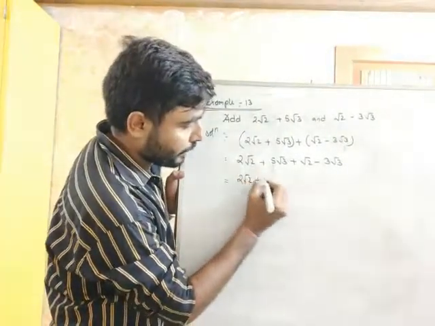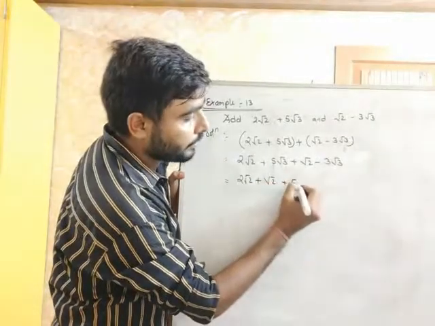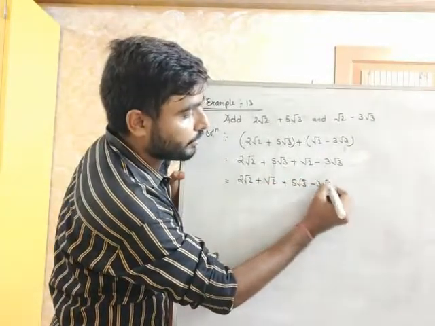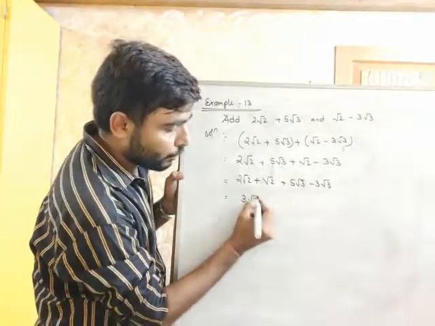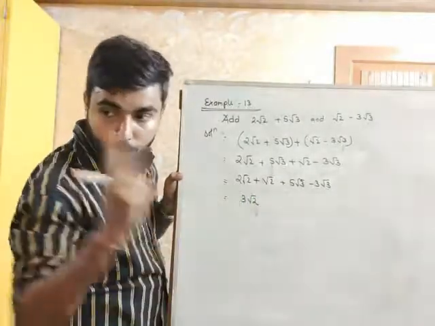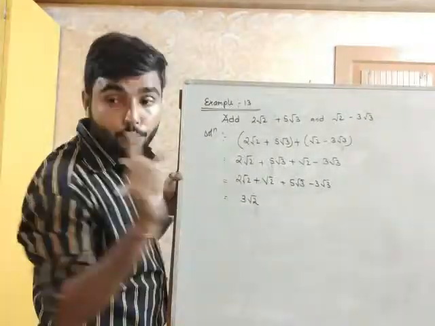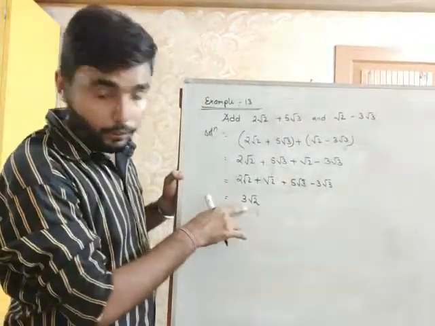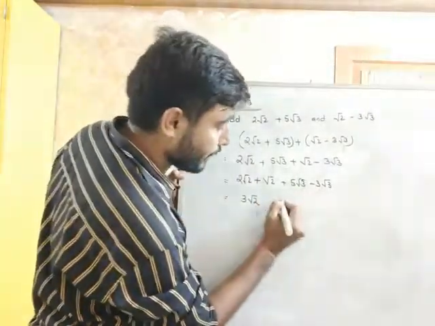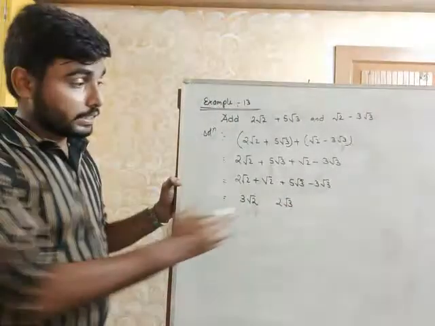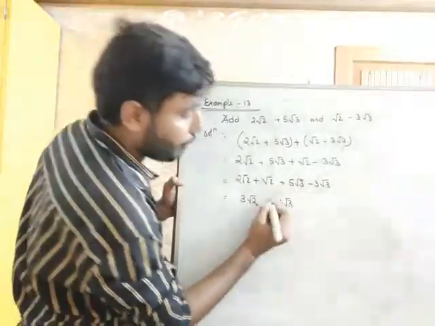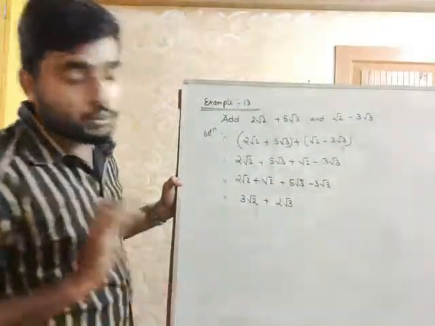So 2 root 2 plus root 2 we have written together, 5 root 3 minus 3 root 3 written together. 2 plus 1 is 3, so it will be 3 root 2. 5 minus 3 will make it 2. Now you have to see the sign also. This is greater number and having positive sign, so positive 2 root 3.